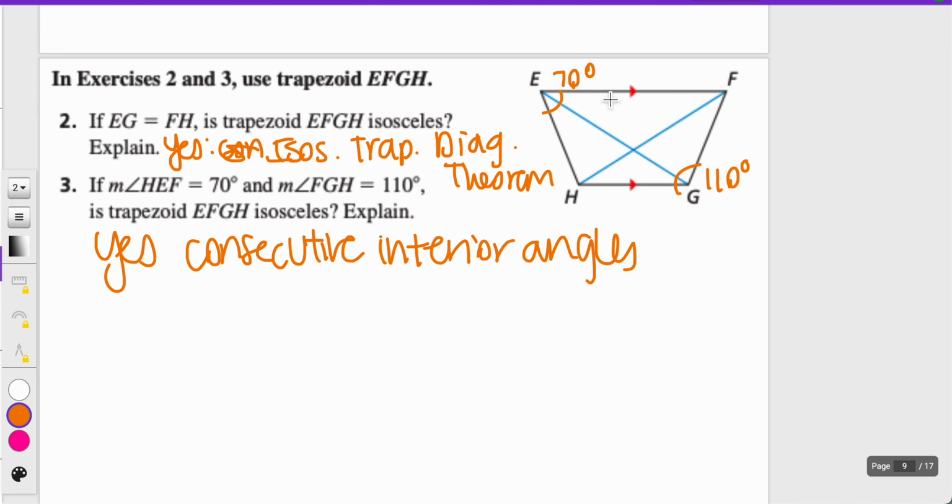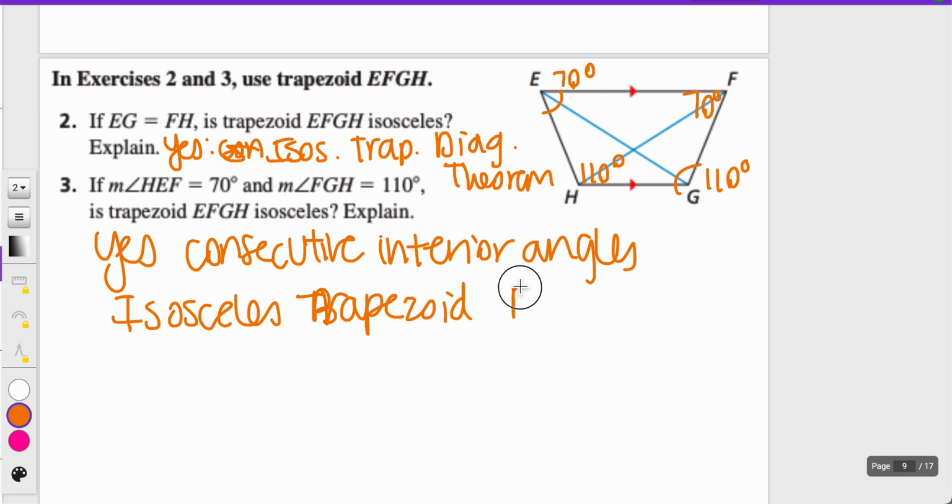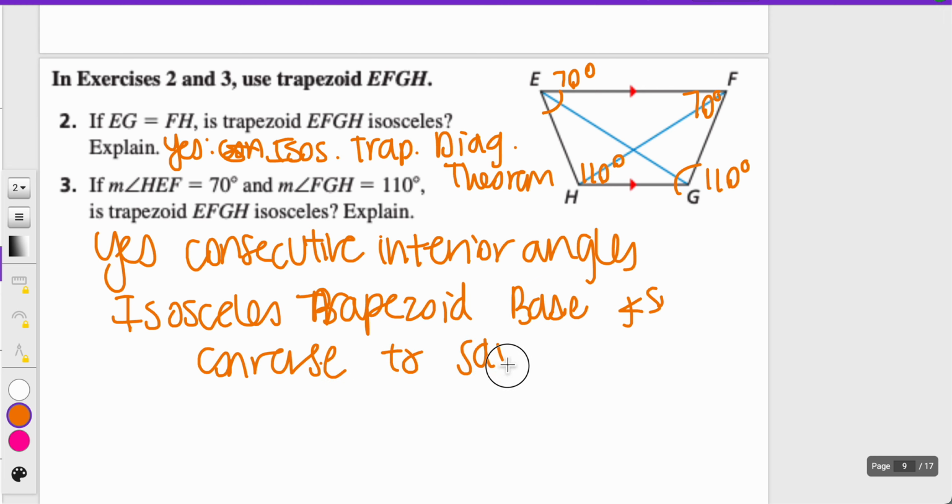So GFE could also be 70 degrees, and GHE could be 110 degrees. And if we use the isosceles trapezoid base angles converse, we can say it's isosceles.